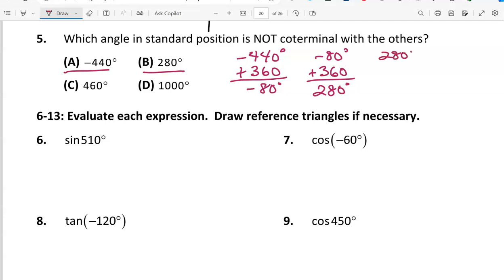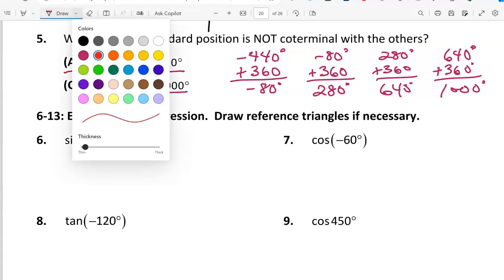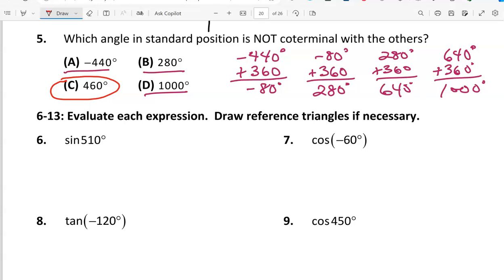Let's take 280 and add 360 to that, and that will give us 640 degrees, and then add 360 to that, and that will give us 1,000 degrees. So far we found that those 3 angles are all coterminal. 460 degrees is not on that list, so that angle is not coterminal with the others.